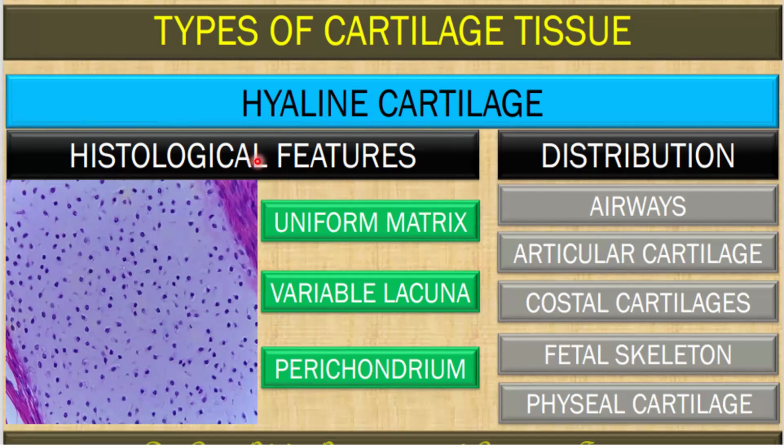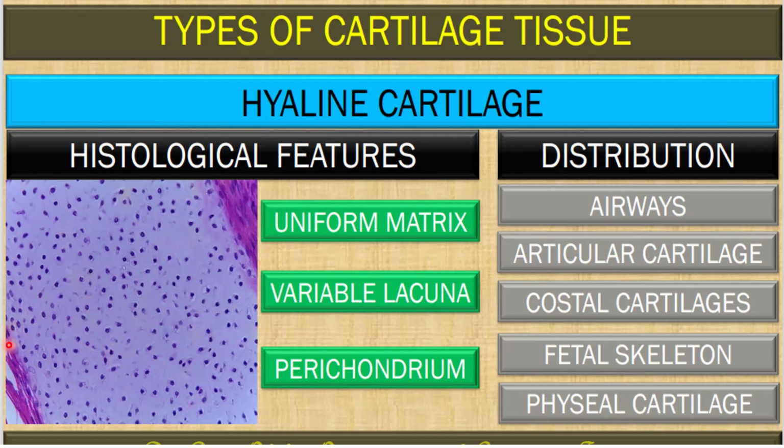So the histological features we will appreciate are a uniform matrix. This is the matrix, you can see it's uniformly distributed. Then variable lacunae. You can appreciate that you have variable lacunae in the cells. Then you can appreciate the perichondrium. So this is the perichondrium.